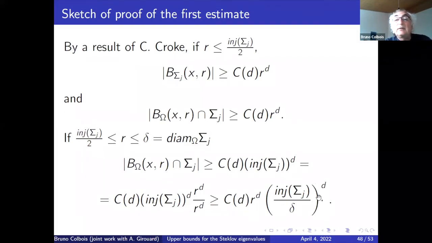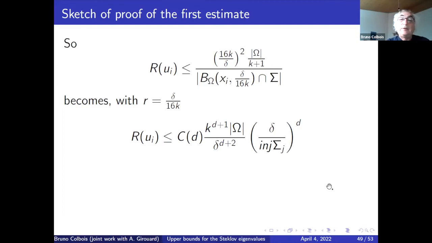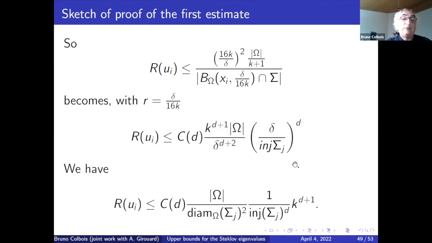When you put this in the Rayleigh quotient, you see you have delta to the power d plus 2, d plus 1, omega, injectivity radius to the power d. This is exactly what was announced. We now have exactly our inequality, which is obtained by geometrical methods.